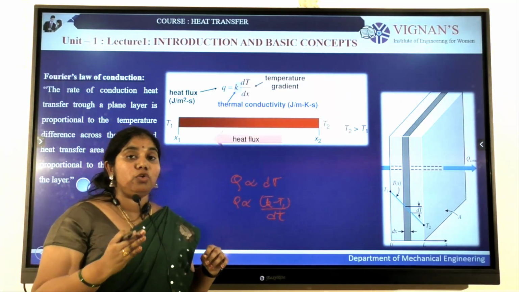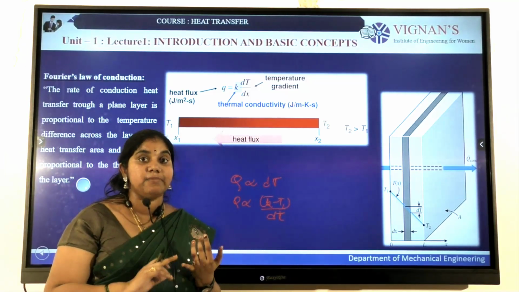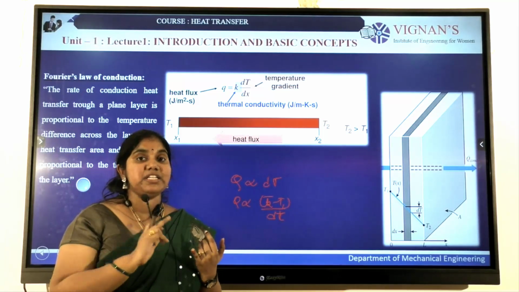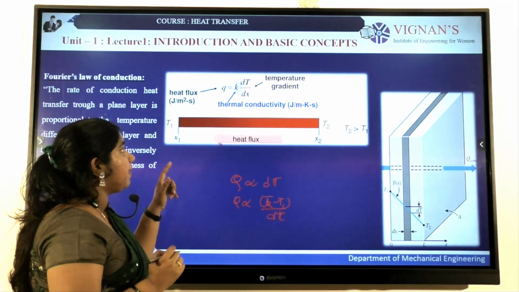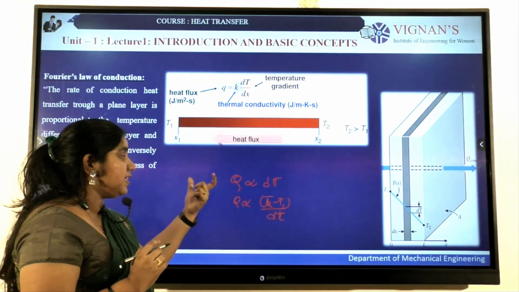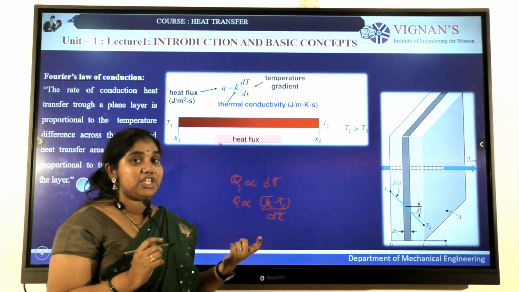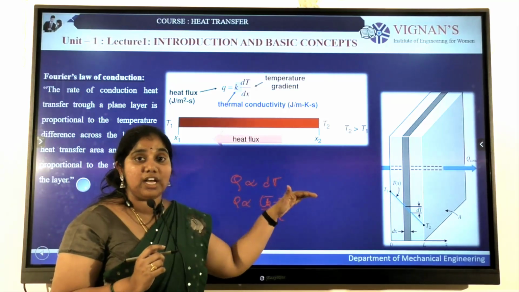I already told you the modes of heat transfer. We have one mechanism: the conduction mechanism equation, given by Fourier. This is the Fourier law of heat conduction equation, so let us first study it. I already told you heat will flow from one region to another region.